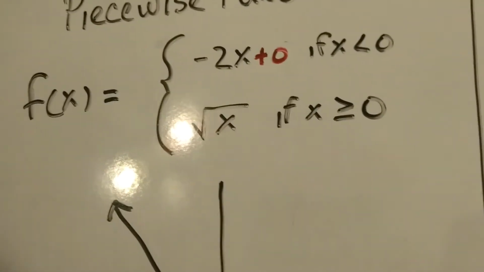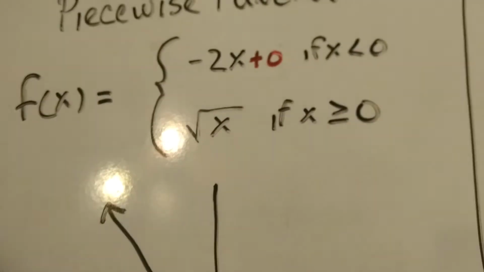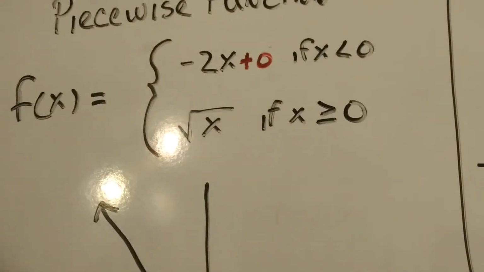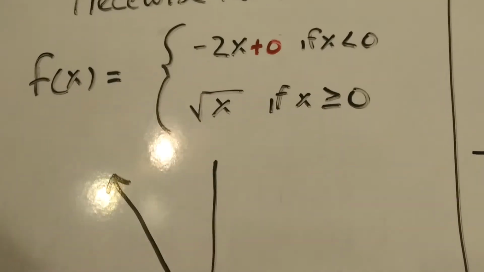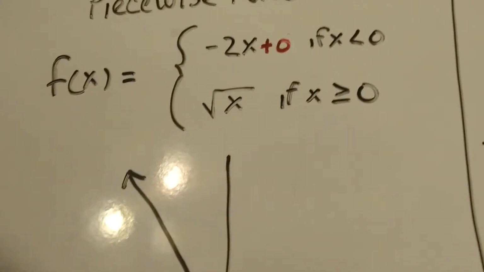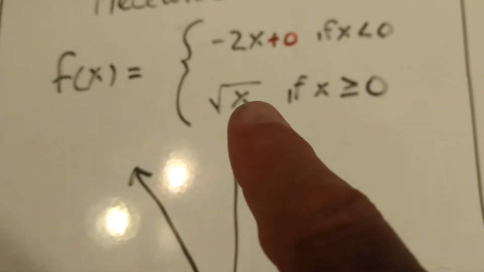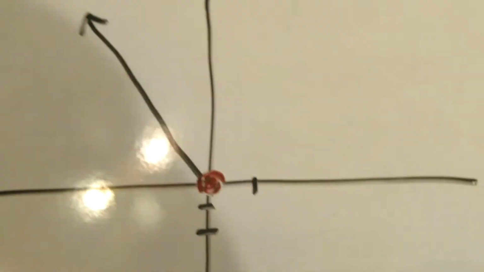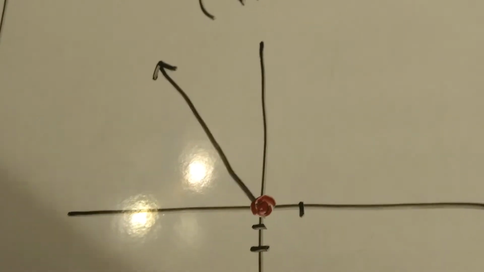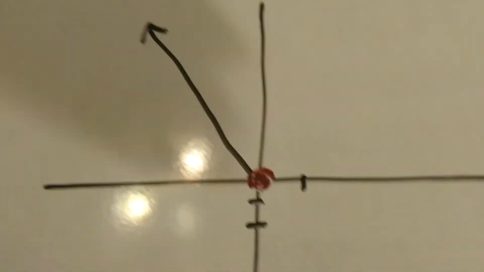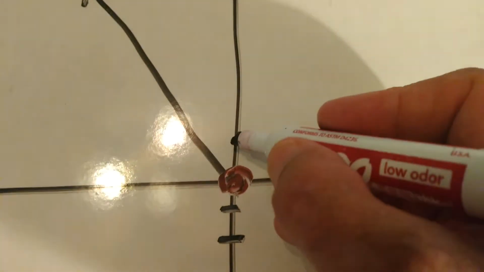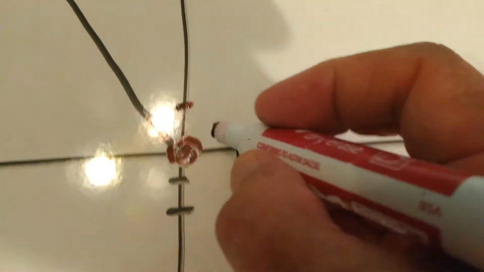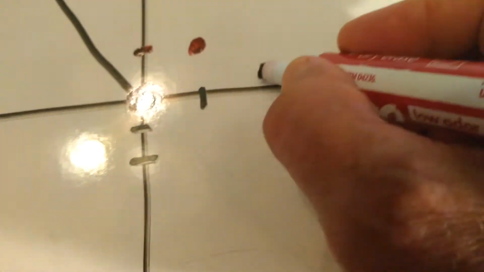The next part of the graph says square root of x if x is greater than or equal to 0. If we put 0 in the square root, we get 0, so we're right here. From the previous section, we should know that the graph of the square root of x goes through (1, 1), which puts this point here, and then (4, 2), which puts this right here.